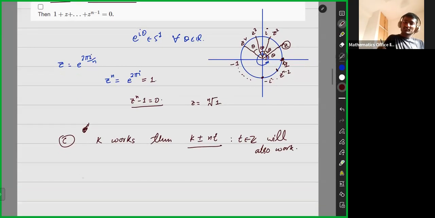You see, z power n minus 1 is factored as z minus 1 times 1 plus z plus and so on up to z power n minus 1.